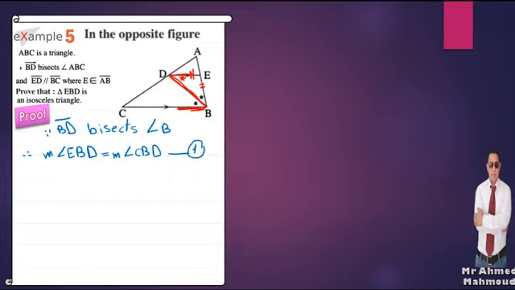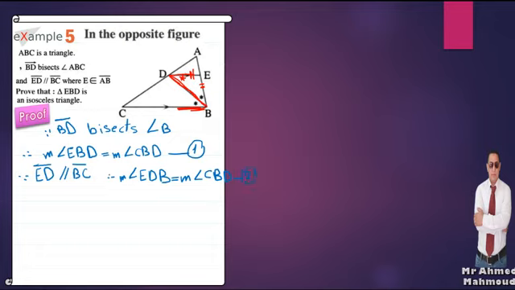And since ED parallel to BC, therefore measure of angle EDB equals measure of angle CBD, and this is number 2.